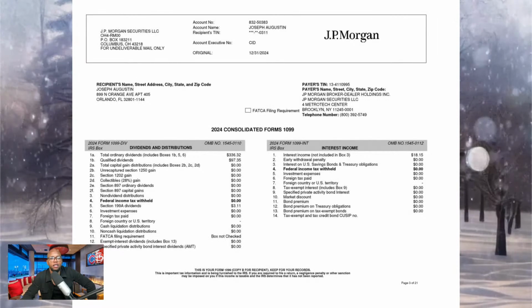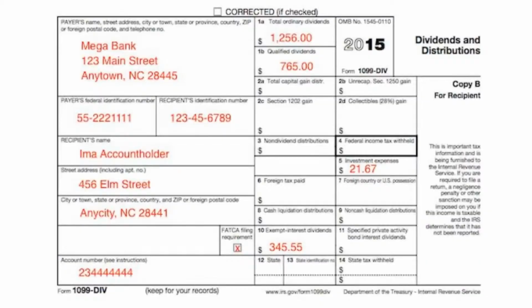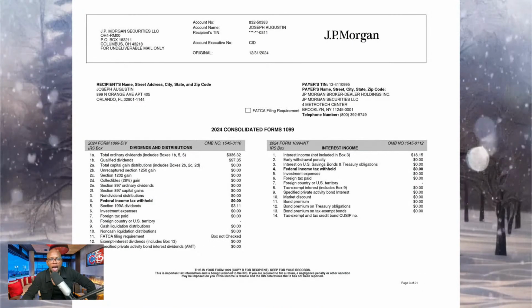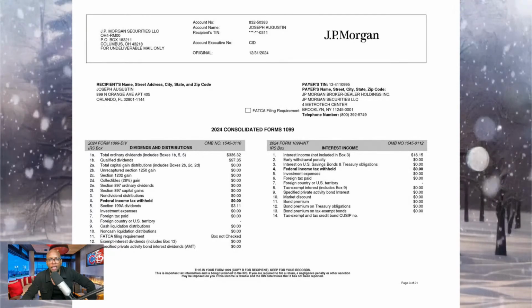And this, believe it or not, as weird as it looks, is the same kind of information that we saw on here. And on the right-hand side where it says interest income, that's the same kind of information that we saw on forms like this.